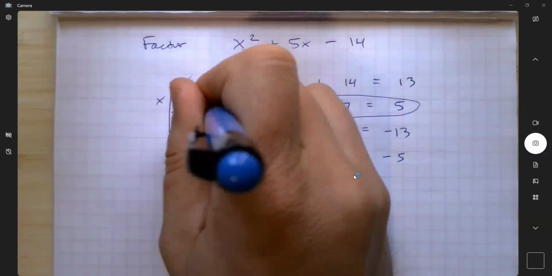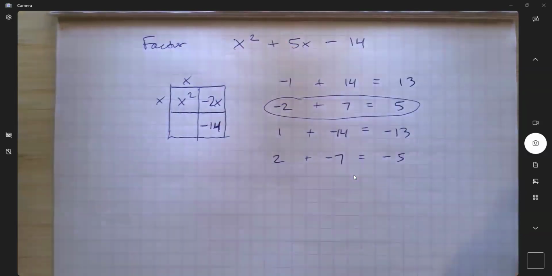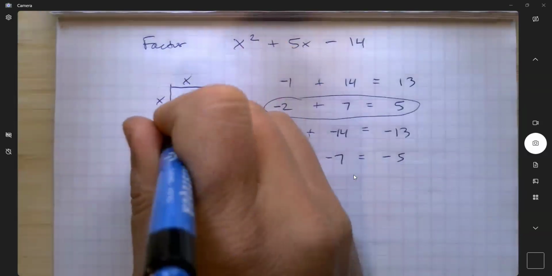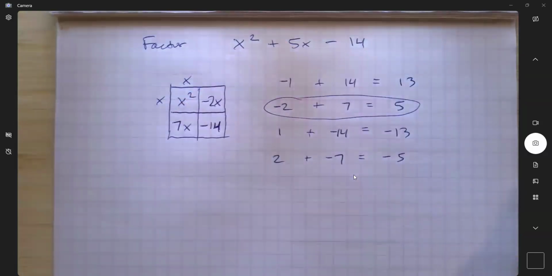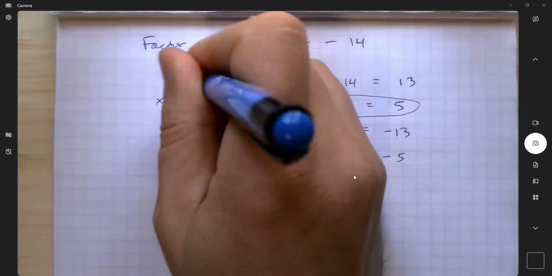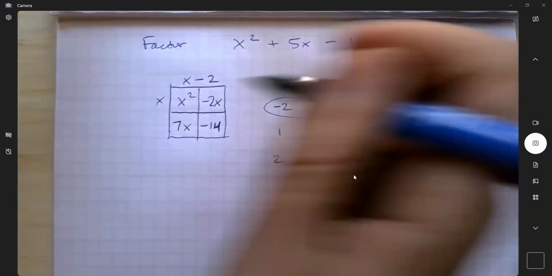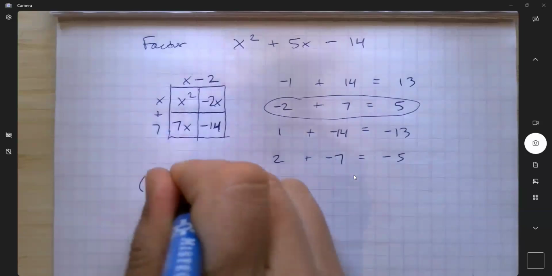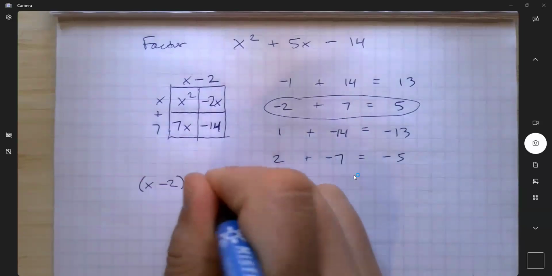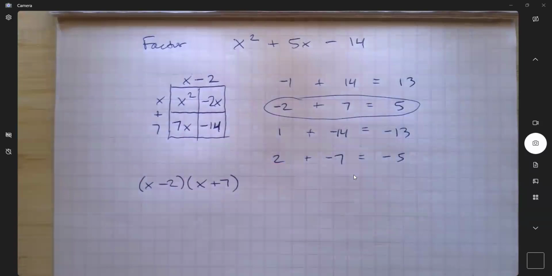And that means the other panels of my box must be negative 2x and 7x. So the top is now x minus 2, and the side is x plus 7. And so my factors are x minus 2 times x plus 7.